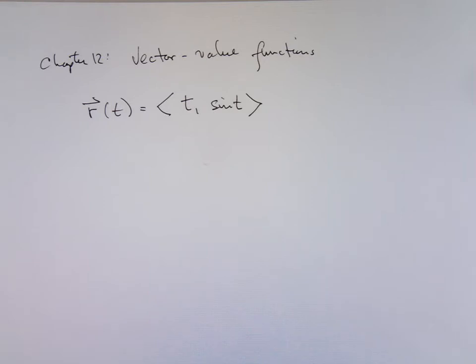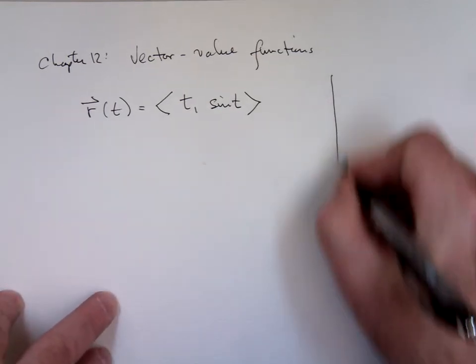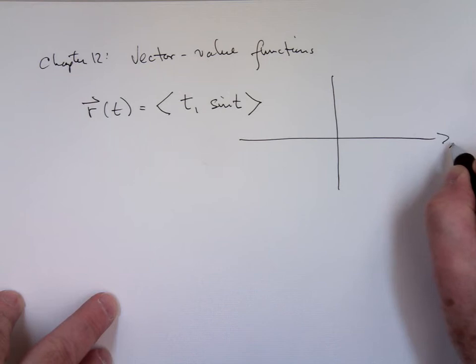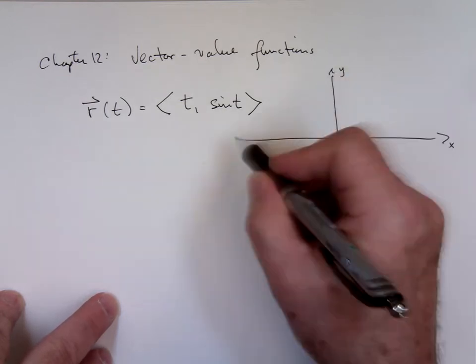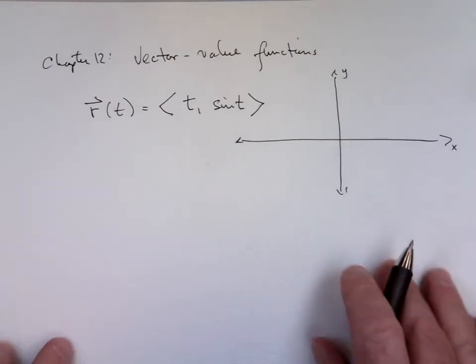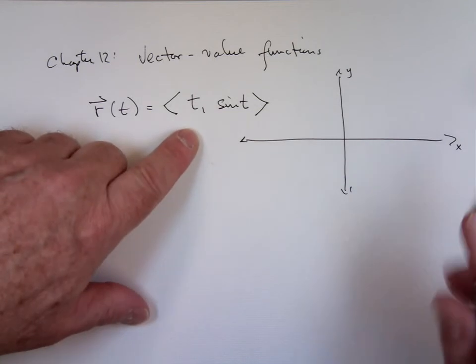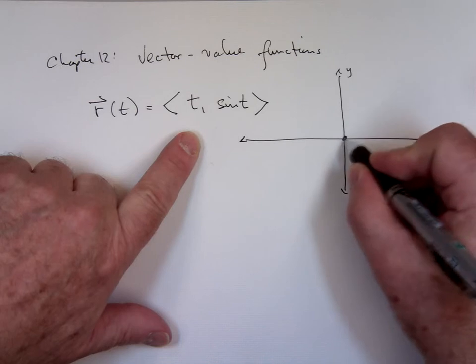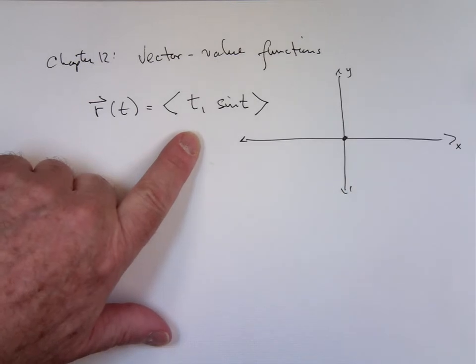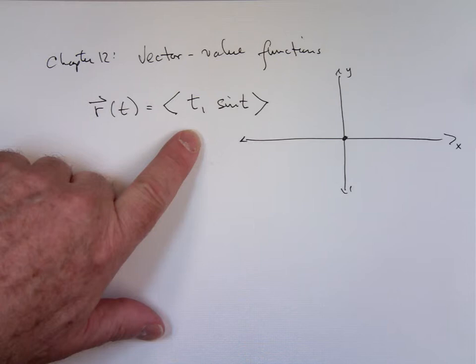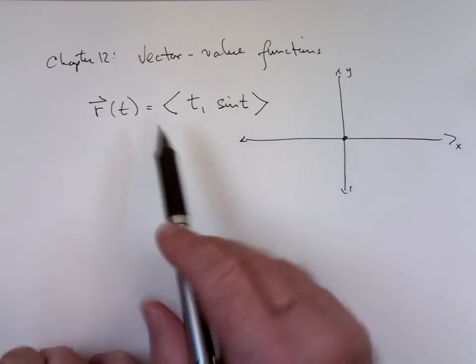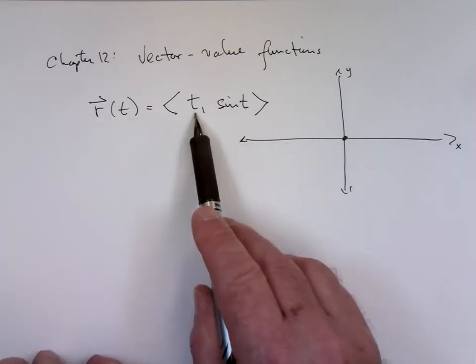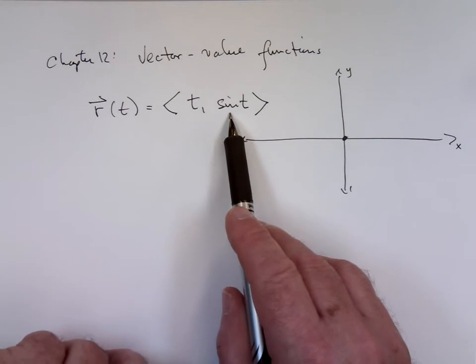And what you do is trace a path given by the endpoints of those vectors. For example, in this case, let's start t at 0. T at 0 gives us the vector 0, 0. We start here with the 0 vector. If you go to t equals pi over 6, we'll get pi over 6 and the sine of pi over 6, which is 1/2.